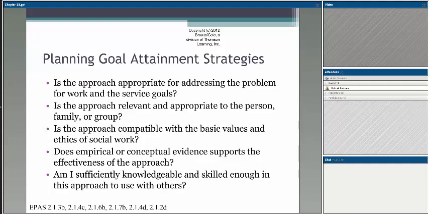So again, as we as a profession have moved more and more towards the evidence-based practice model, it's really around looking at the literature and looking at the research to actually make a determination about whether a particular methodology will work better with this particular type of a client family as opposed to others. So these are the attainment strategies that you need to keep in mind as you're looking at moving forward for working with the families and individuals that you will be working with.